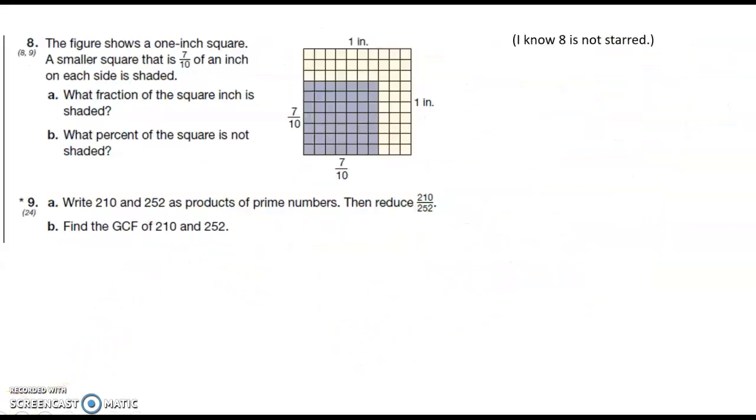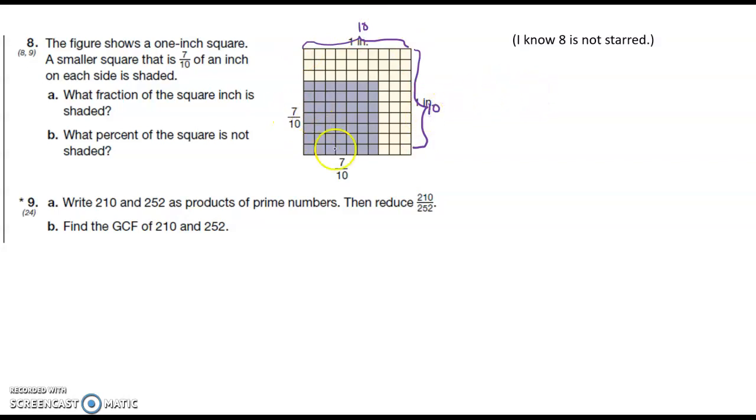Okay, next one. Number 8. The figure shows a 1 inch by a 1 inch square. The smaller square is 7/10 of an inch. What fraction of the square inch is shaded? Okay, what percent of the square is not shaded? So what I know is from here to here, I have 10, and from here to here, I have 10.